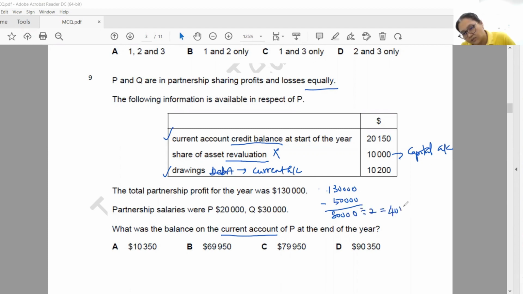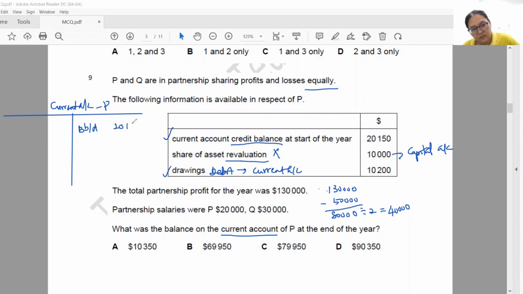So the profit share is 40,000. But how much belongs to P? So we open a current account for P. So the balance brought down, which is 20,150.